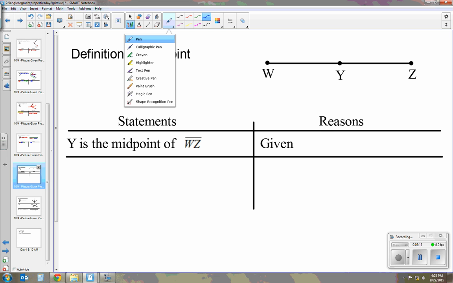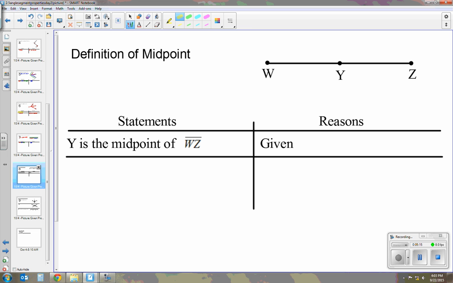All right, our next one is definition of midpoint, and this is very similar to angle bisector because to use definition of midpoint, we have to have that the midpoint is stated. I have to say that Y is the midpoint of line segment WZ. If I don't tell you that there's a midpoint, then you cannot use definition of midpoint. But since I told you that Y is the midpoint of WZ, we can say that these two pieces are congruent because midpoint's like a bisector, cuts it into two congruent pieces.